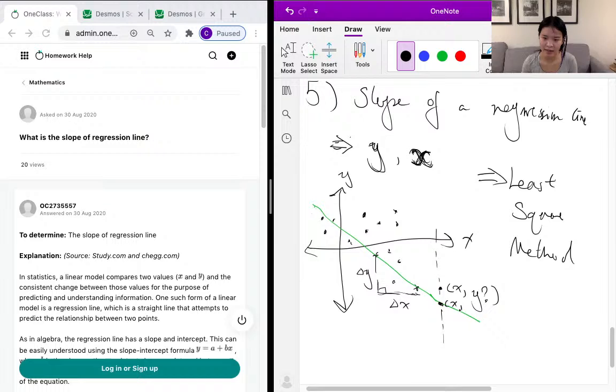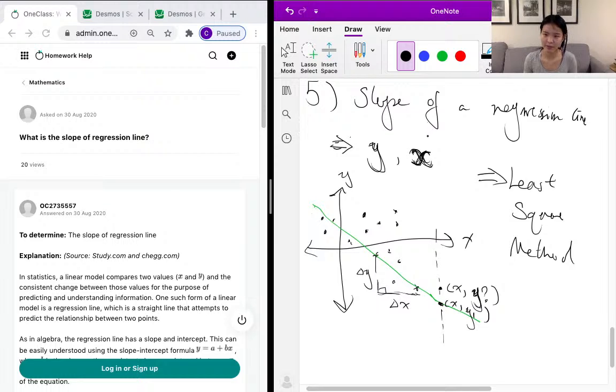Let's call it y1. We know the value of y1 on this regression line because we know the slope and we have the equation of the line. So here we're just going to estimate the unknown value of y using the value of y on this line.